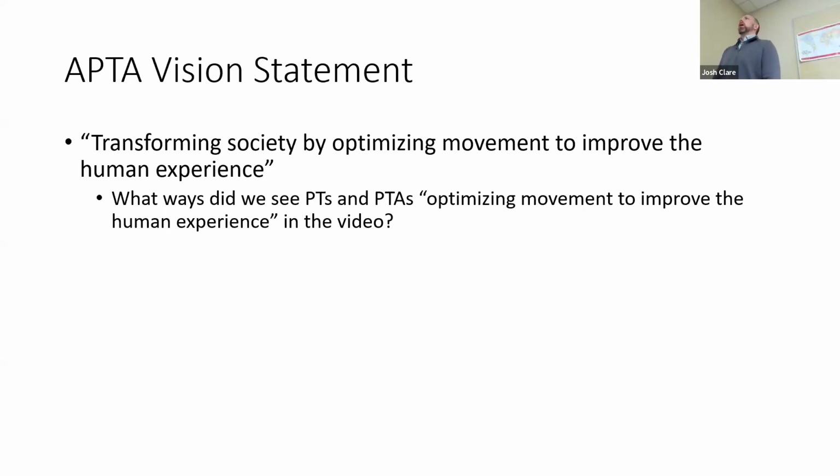What are other ways we optimized human movement to enhance the human experience in that video? Some running, yep. And that one guy, did you guys catch what time he wanted to do? He said, I want to run 2 miles. Do you guys catch the time? 13.5 minutes. That's cooking. That's a guy that wants to run.